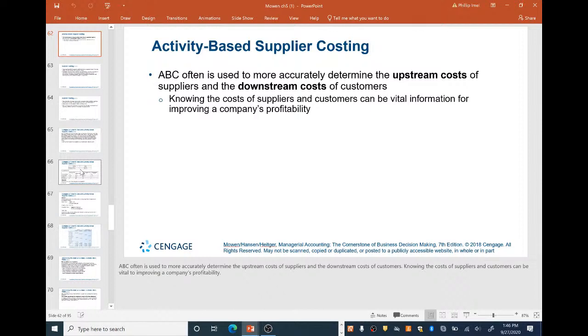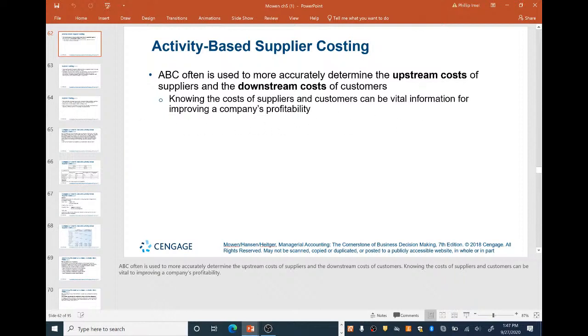So, activity-based supplier costing. Now let's talk about some of the supplier costing. Activity-based costing often is used to more accurately determine the upstream cost and downstream cost. We've already talked about that, and it's vital information for improving a company's profitability.